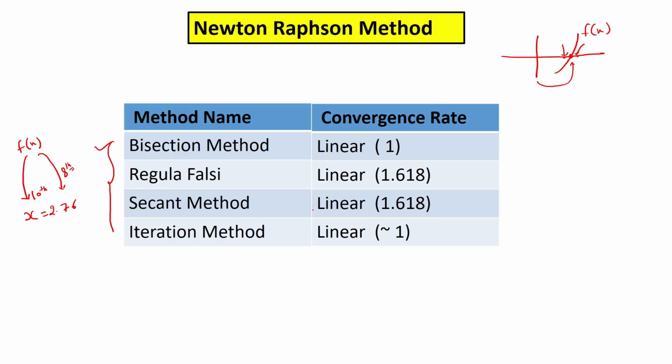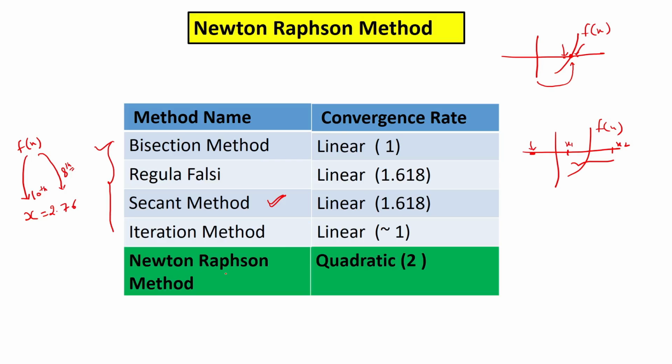Like as we have studied, the secant method is not guaranteed to converge. It may give us a root which is not the actual root or the approximate root for the given function. For example, this is x1 and this is x2, and then we can get the root out of boundary in the secant method. We can get the root here also. Okay, so this is the meaning of convergence and divergence.